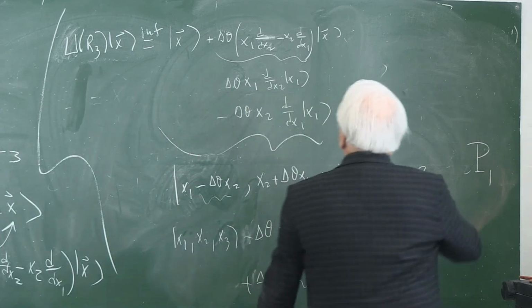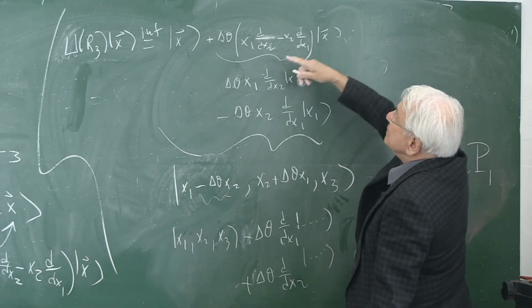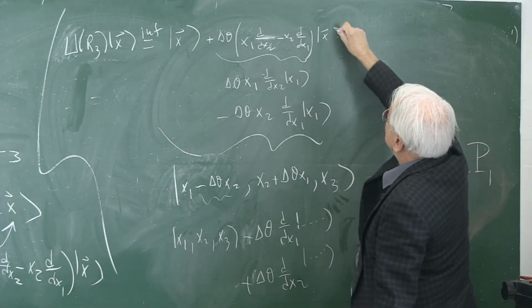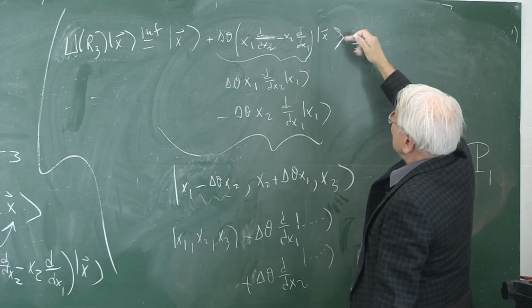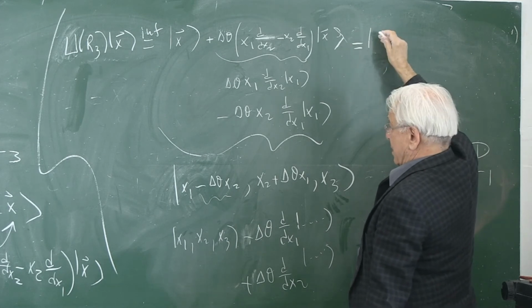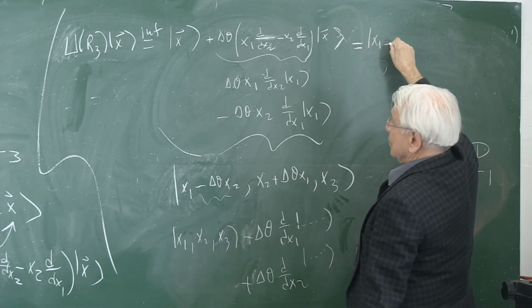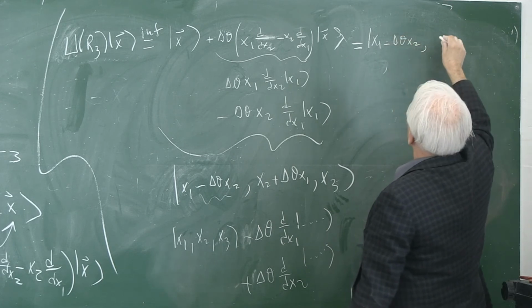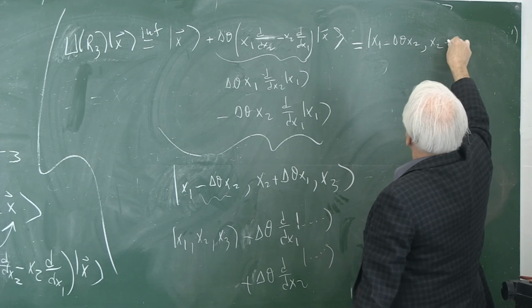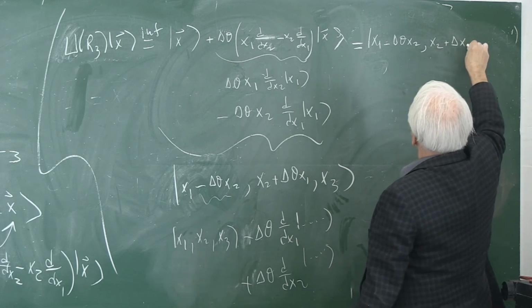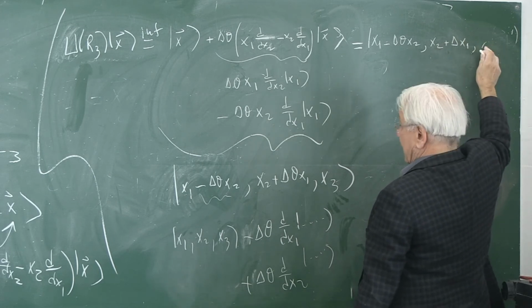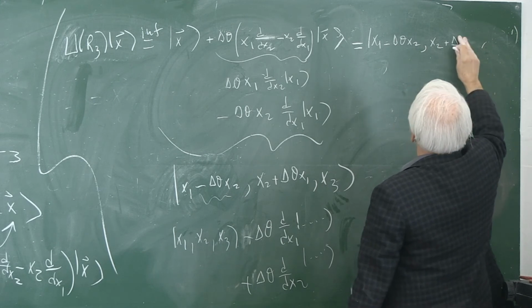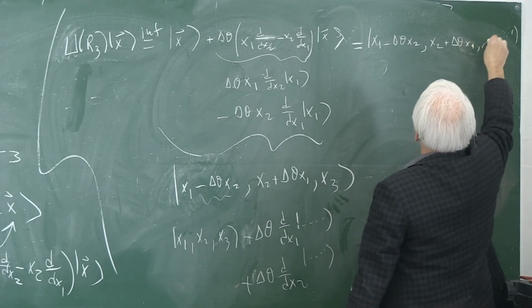Therefore, I write this as, now this is equal to, inf of course, x1 minus delta theta x2, x2 plus delta theta x1, x3.